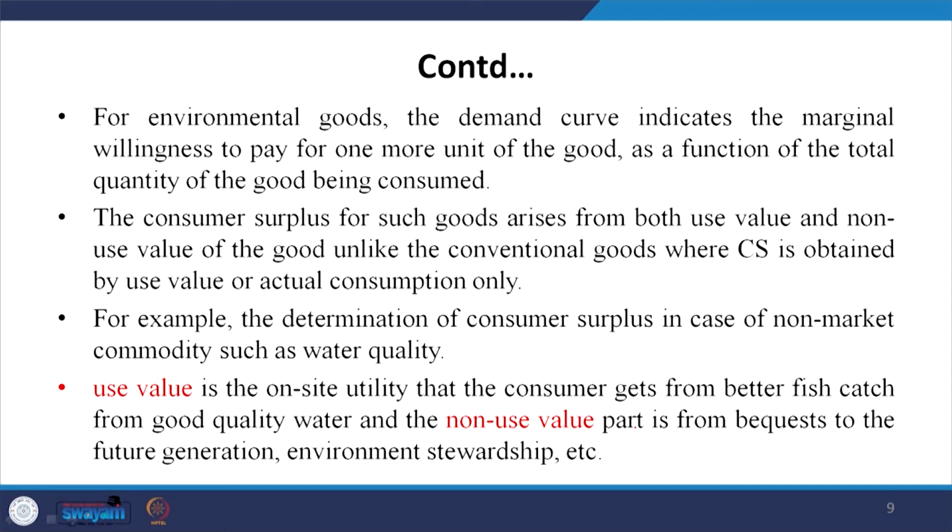Here we can have use value as well as non-use value of water quality. Use value is the on-site utility that consumers get from a better fish catch, from good quality of water. Obviously, when the quality of water improves, aquatic life is also positively affected, and the production of fish will increase when the oxygen level in the water is high, so the quality of water is good.